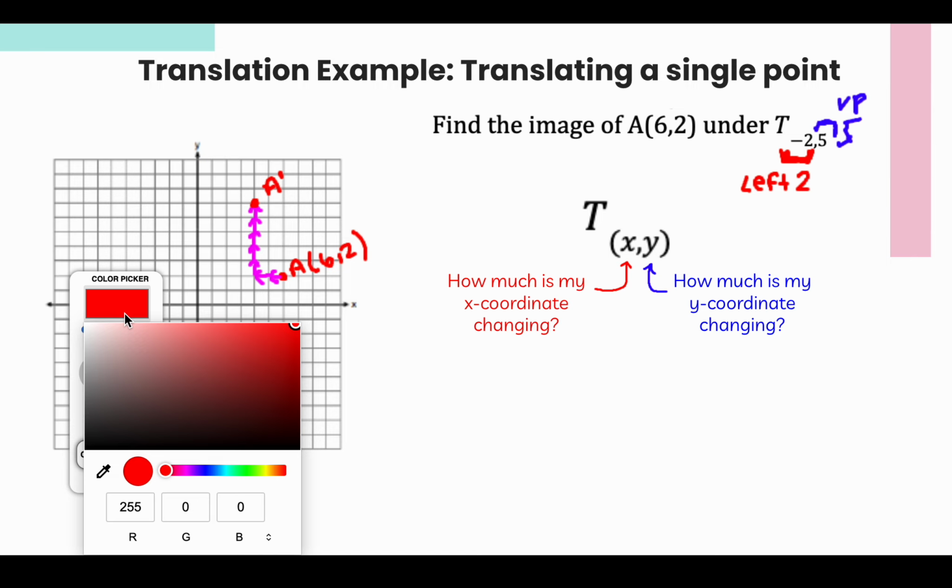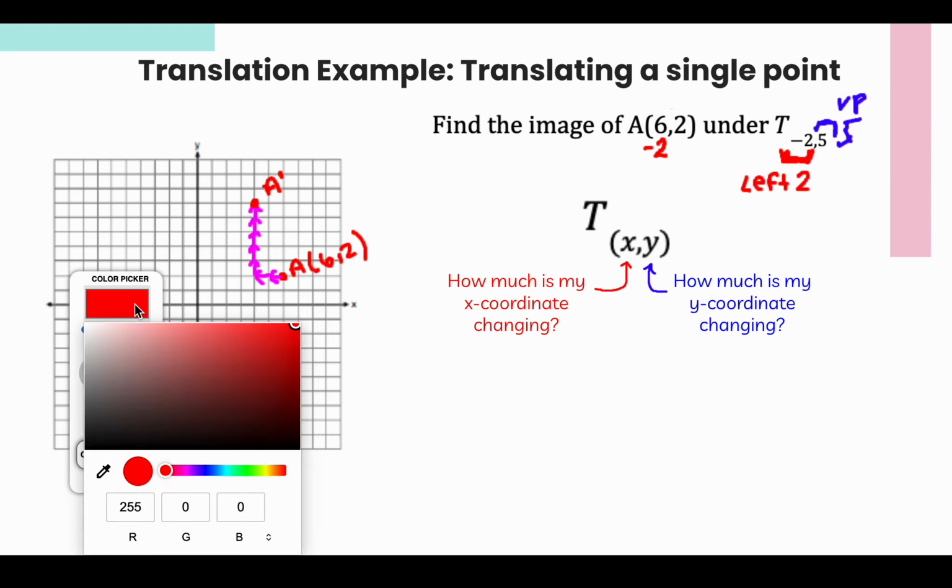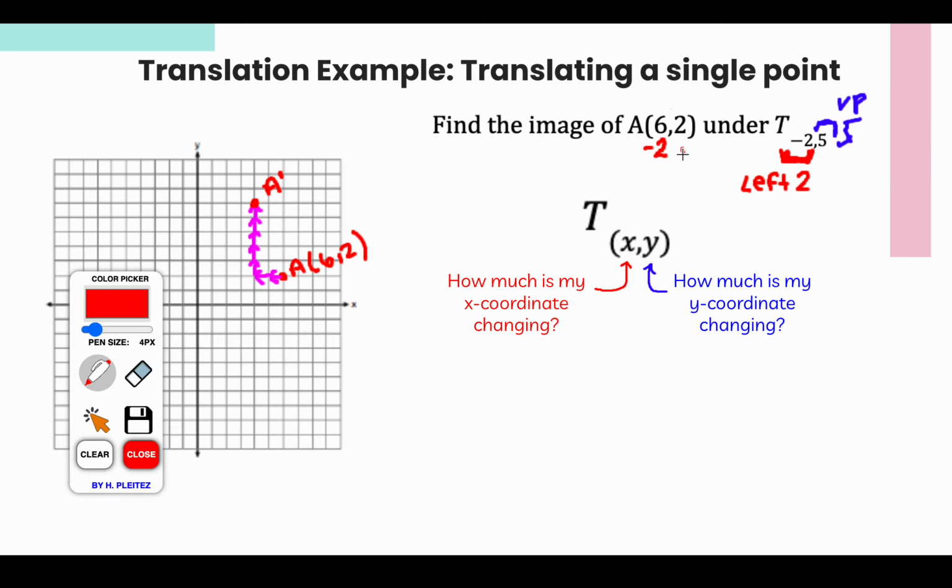So for example, that -2, again, represents the change of my x-coordinate. So we might go like this to our x-coordinate. I need to take away 2 from my original x-coordinate. And we need to add 5 to our y-coordinate. So if you do that, you'll get that A prime is (4, 7), which is exactly what you should get if you did it graphically.